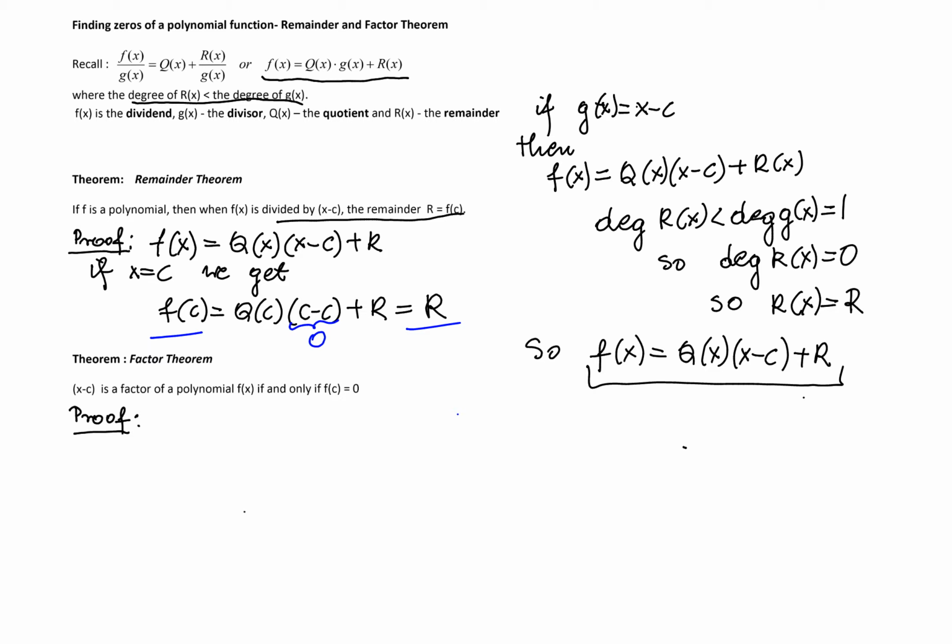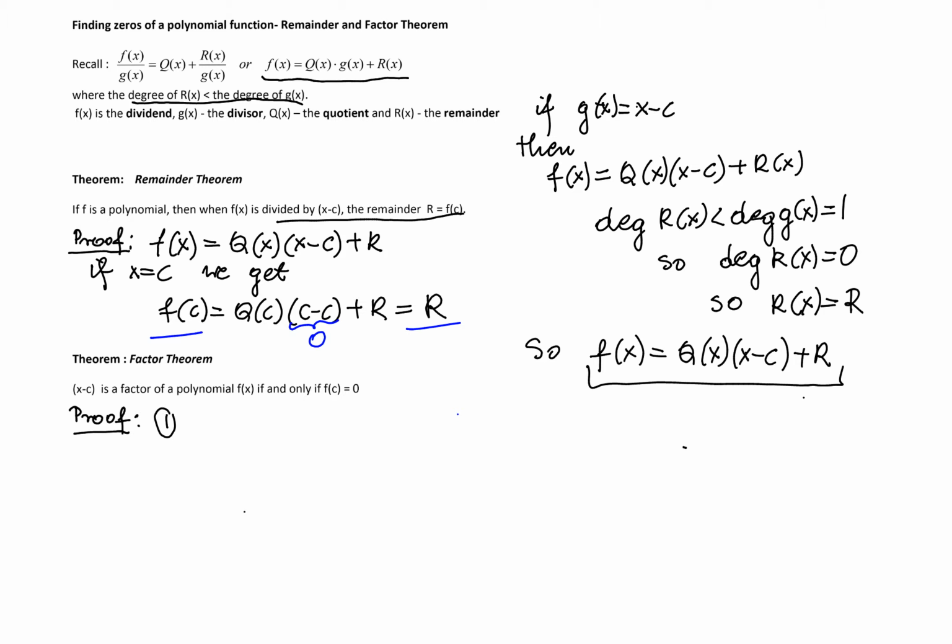The second theorem, the factor theorem, says that if x minus c is a factor of the polynomial f of x, then f of c is equal to 0. And if f of c is equal to 0, then x minus c is a factor of the polynomial f of x.